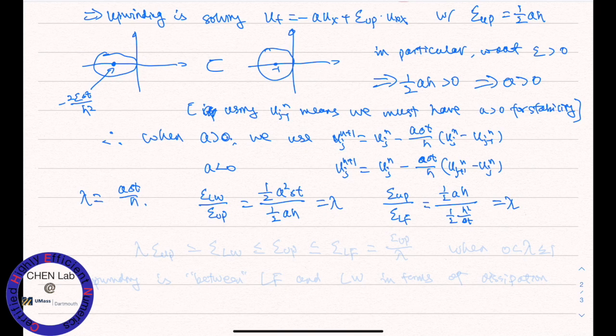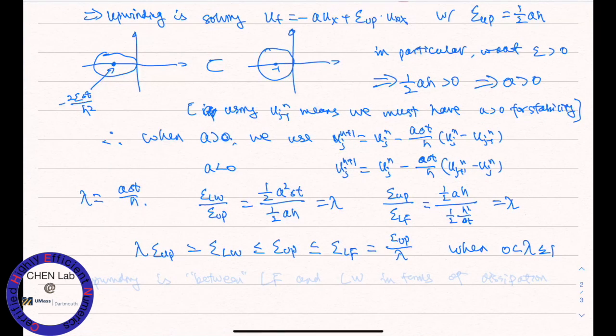This is also lambda. So lambda times epsilon upwinding is equal to epsilon Lax-Wendroff, which means this is less than or equal to epsilon upwinding, alright? Because this is lambda times epsilon upwinding. And this is less than or equal to epsilon Lax-Friedrichs, because epsilon upwinding is divided by something less than 1, when lambda is less than 1 and larger than 0, of course.